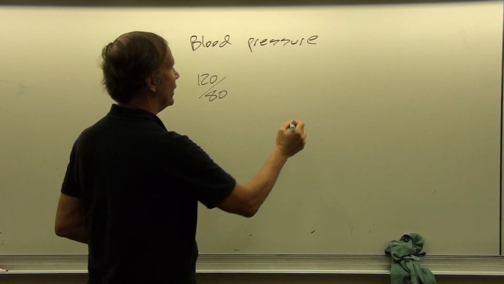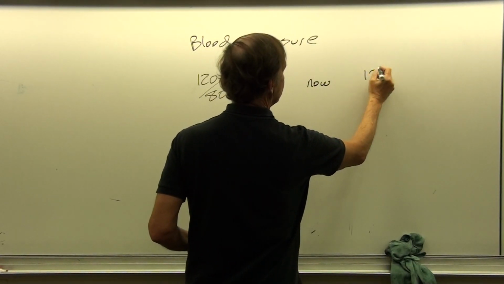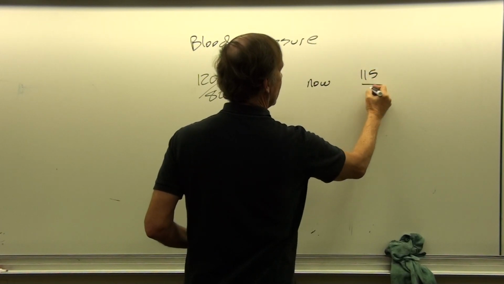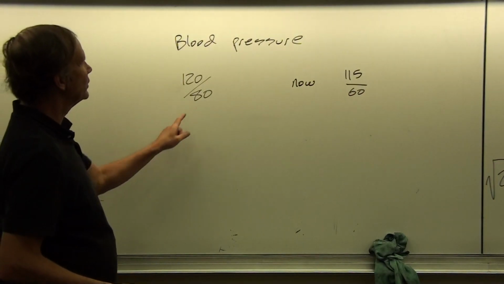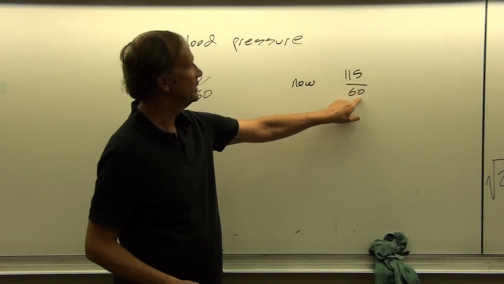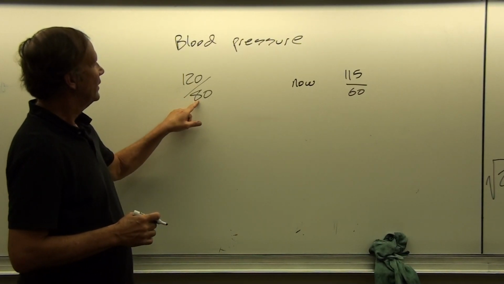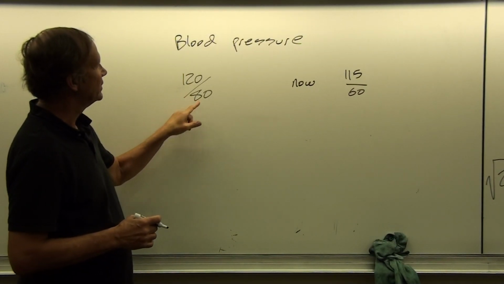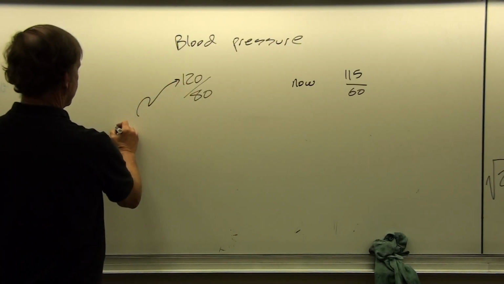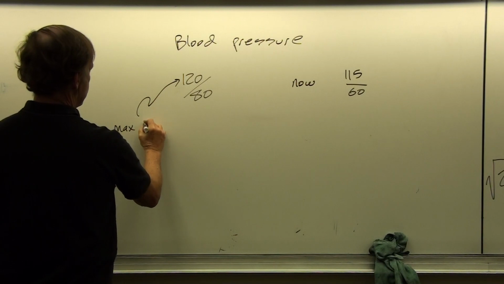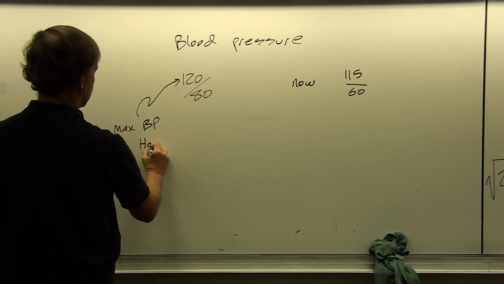Not so much anymore. Now we say that maybe it's better to have it be, say, 115 over 60, or even 110 over 60. Particularly that lower number is supposed to be a smaller value, because that's your resting or diastolic blood pressure. And this is your maximum blood pressure, in units of millimeters of mercury.